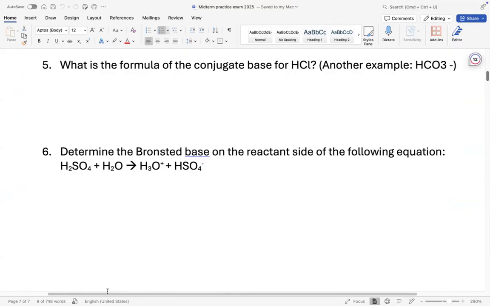So 5 and 6 are still pH questions, but they're not the math ones, all right? So 5 asks, what is the formula of the conjugate acid or conjugate base of HCl? So a base is when it doesn't have a hydrogen, basically.